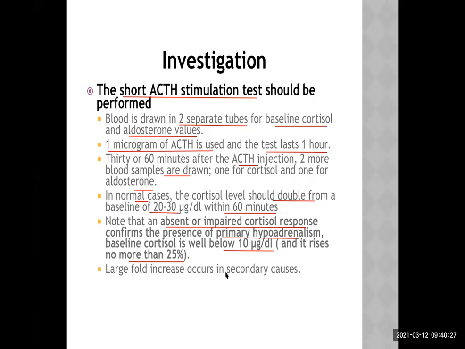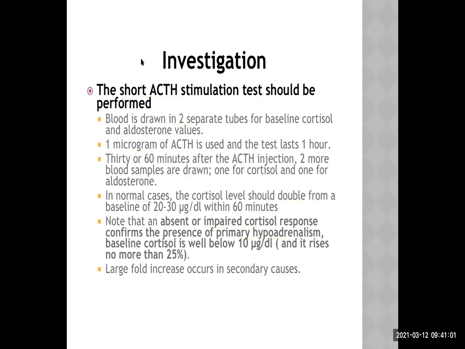Whereas if this is a case of secondary problem in the pituitary gland or hypothalamus, a large fold increase occurs after the ACTH stimulation test because the adrenal gland is intact. The problem doesn't lie in the adrenal gland itself. The problem lies in the pituitary or hypothalamus. So if ACTH is provided, that adrenal gland can produce an increased amount of cortisol.